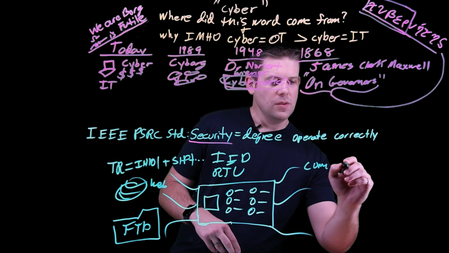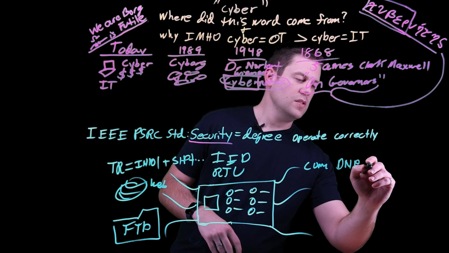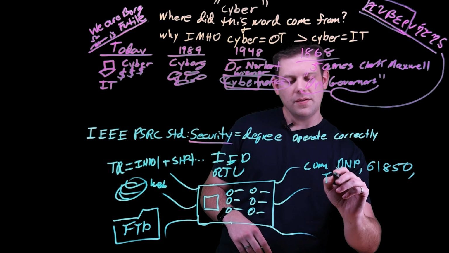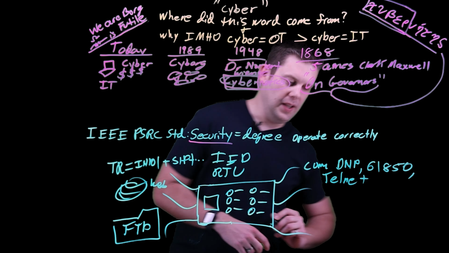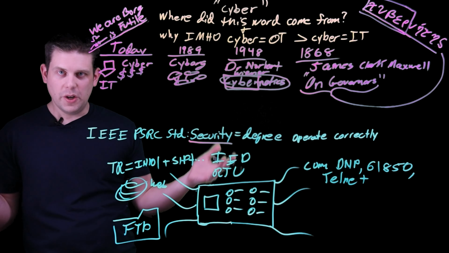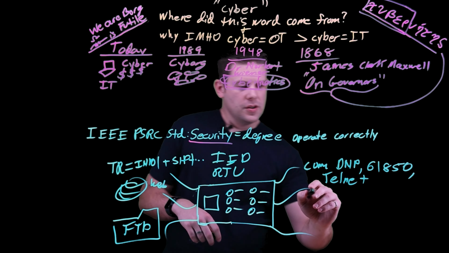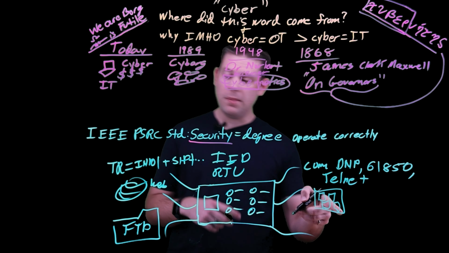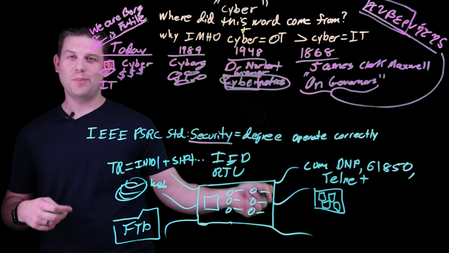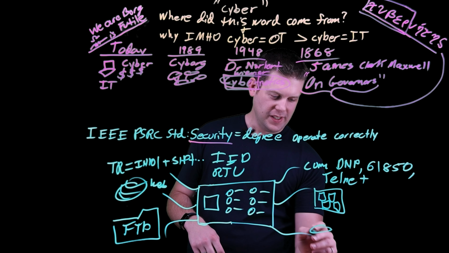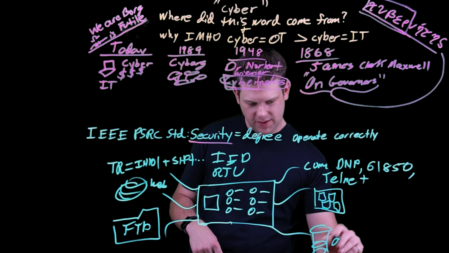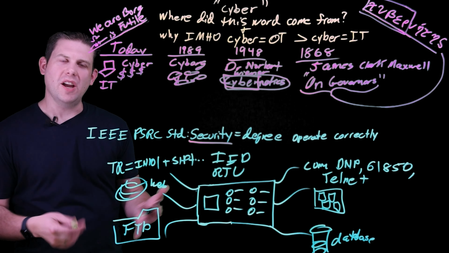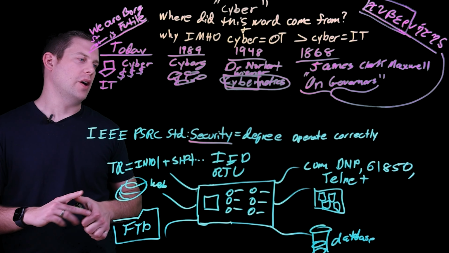There's communication, so you may have some vendor protocols, DNP, newer protocols like 61850 that are really cool, or something like an instantiation of Telnet, or some vendor proprietary protocol. There's also an annunciator that you may be able to access, built on top of the web interface or some proprietary stuff. And there's a database that typically exists inside of these devices to store historian information on what this relay saw during a fault.